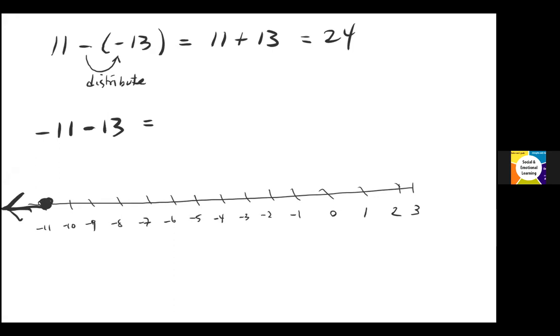Another way to think about this, though, is to say, I'm going to write this as negative (11 plus 13) by using the distributive property, like we used before, to factor out the negative. And then say, well, we already know that 11 plus 13 is 24. So that would give us negative 24 when we multiply the negative back in.